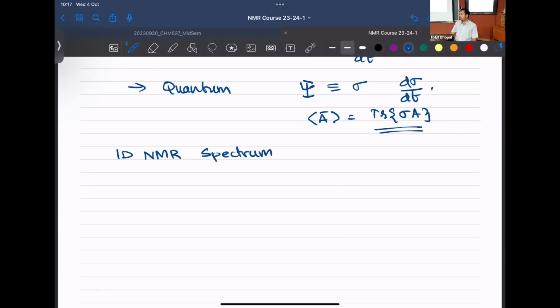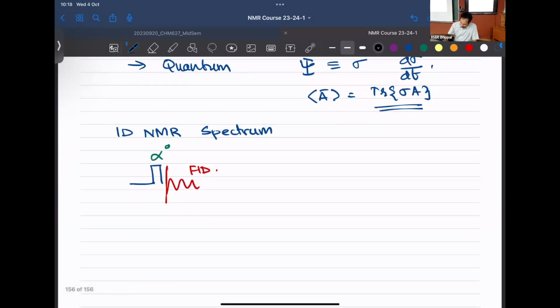I hope people are comfortable with it. We generally have a certain pulse that's applied, and then we end up measuring the free induction decay. Right? So this is something that we have seen how to understand in terms of the semi-classical picture and the quantum mechanical picture. From here on, I'll try to add a little bit more of practical aspects to it.